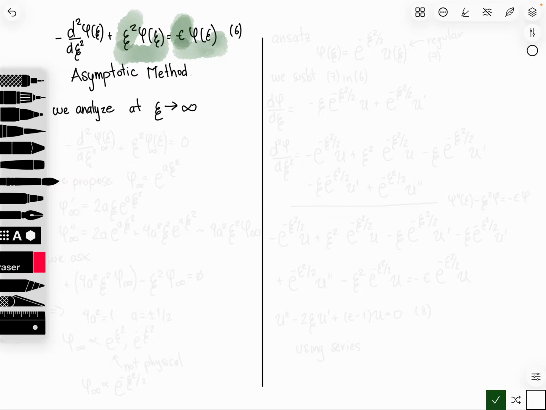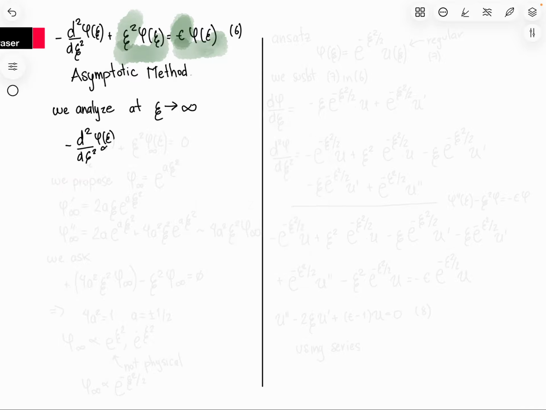So the simplified equation at infinity looks like this. Therefore, we propose a solution that when you derive it twice gives you something that is proportional to psi square. This function will do it.